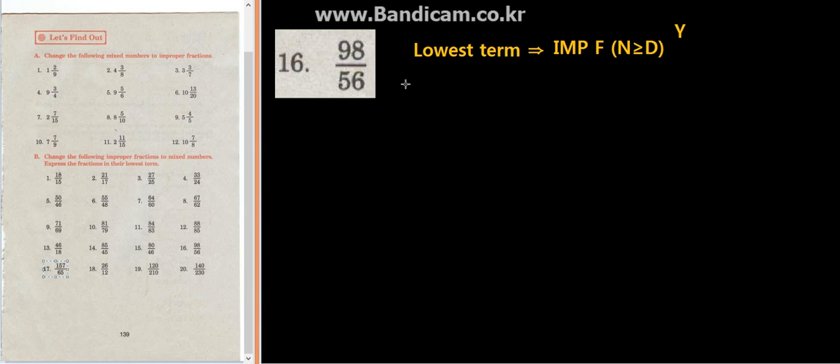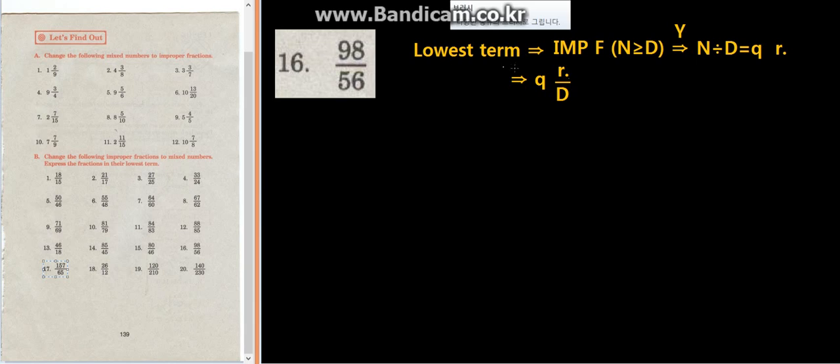If the answer is yes, we divide the numerator by the denominator, and there must be a quotient and a remainder, and put it in this form, a neat mixed number: quotient and remainder over denominator.